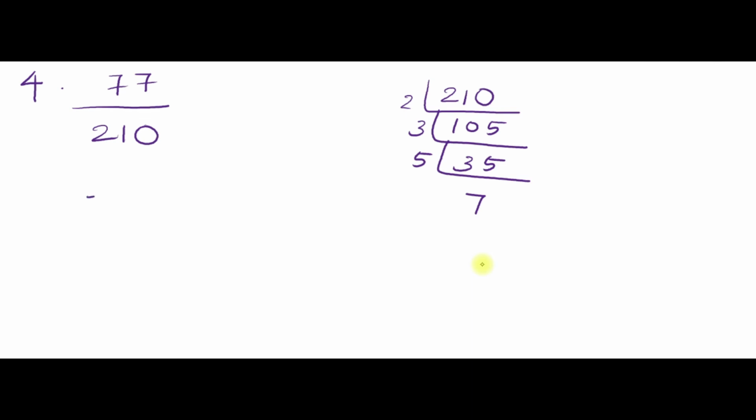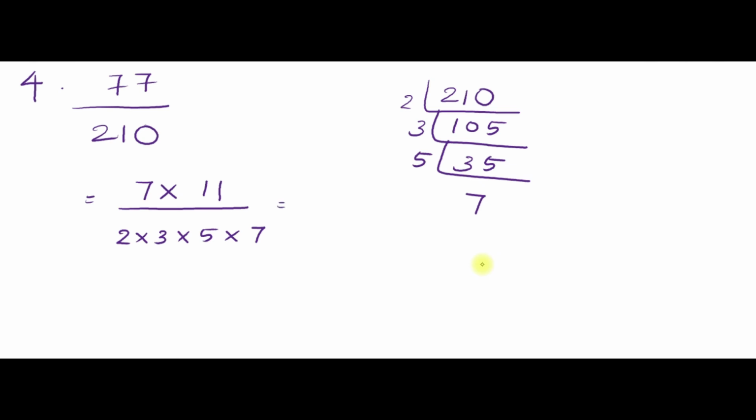So 77 can be denoted as 7 into 11, and the denominator 210 can be represented as 2 into 3 into 5 into 7.